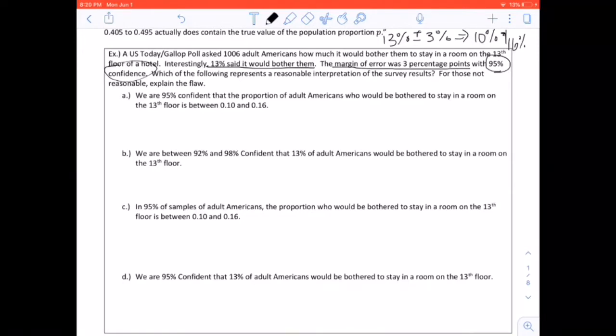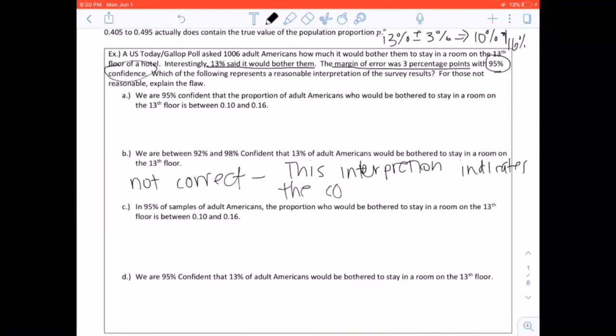So this is not correct, and the reason why is this interpretation indicates the confidence changes, and the confidence doesn't change. That is still set at 95% confident.